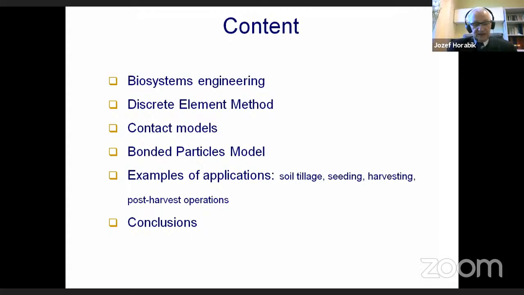To predict the behavior of those materials, researchers have developed several scientific methods of investigation: empirical, semi-empirical, analytical, and, with the progressive development of numerical methods, for example, finite element modeling, which is still a continuum numerical method.